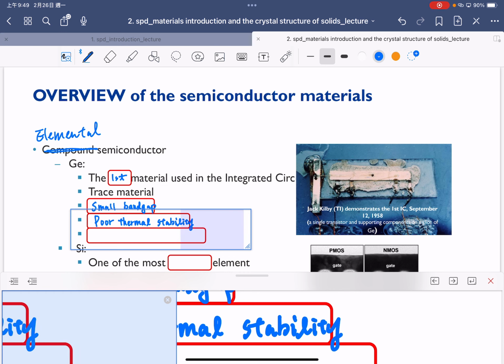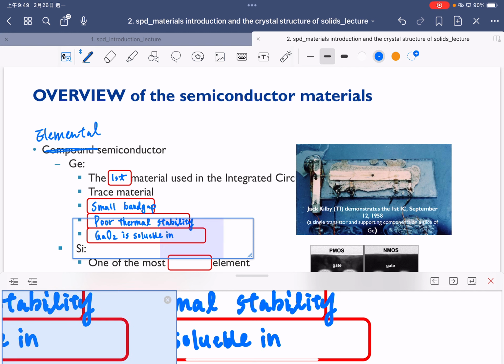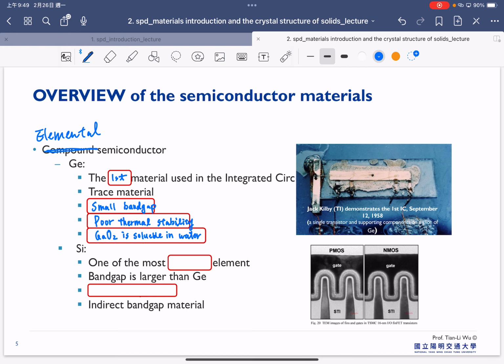And the last one, germanium oxide is soluble in water. So that means germanium is not a very stable material.